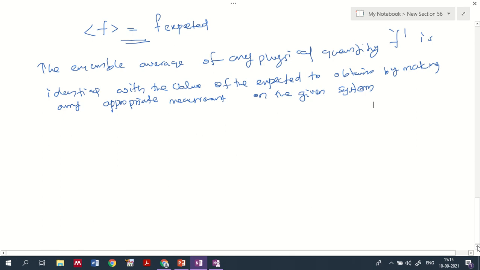Okay, so that's about the microcanonical ensemble. What we have mainly addressed is the microcanonical ensemble case.